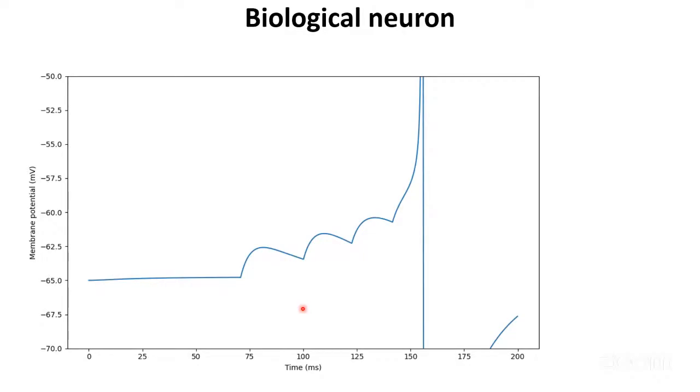Instead of activations, you get inputs in the form of spikes, and these spikes are going to change the membrane potential of a neuron. If you see where my pointer is now, this is called the resting potential of a neuron.